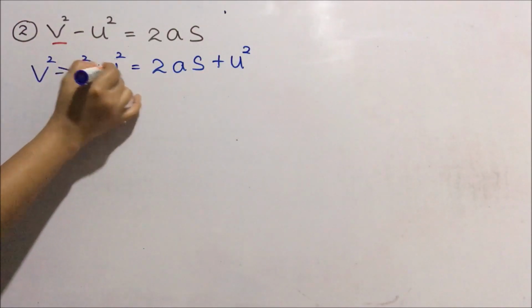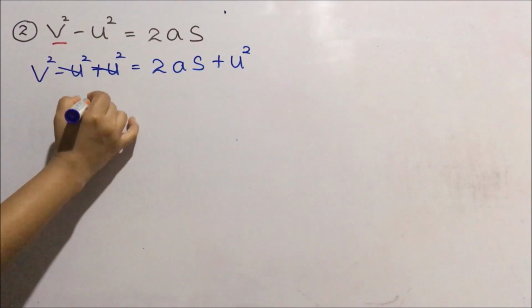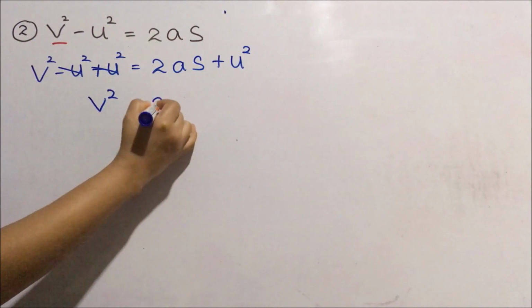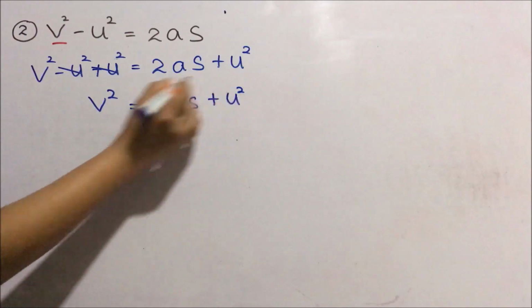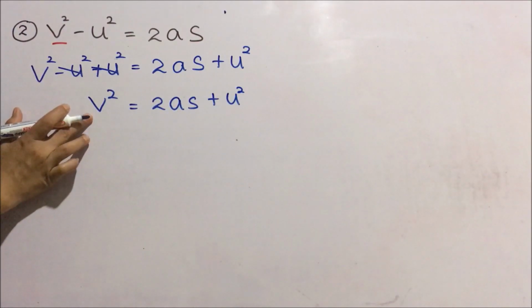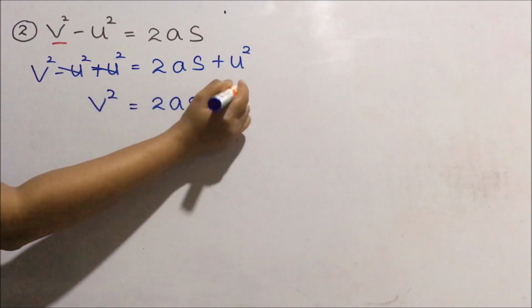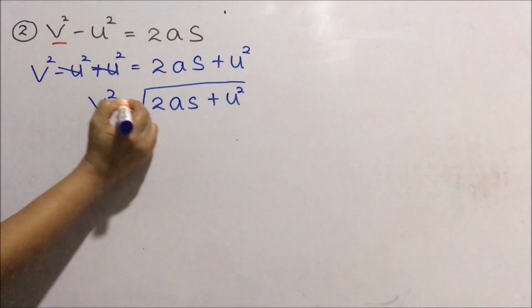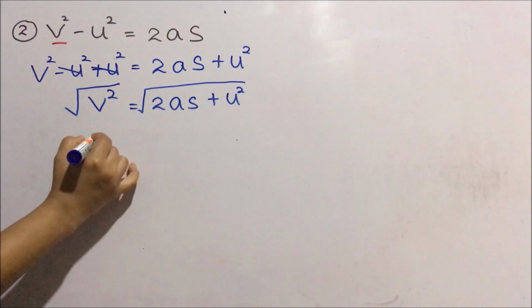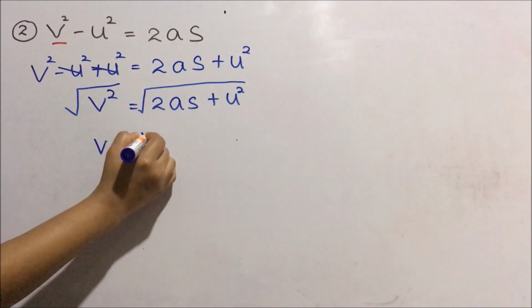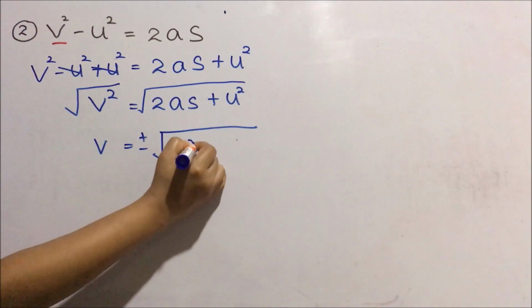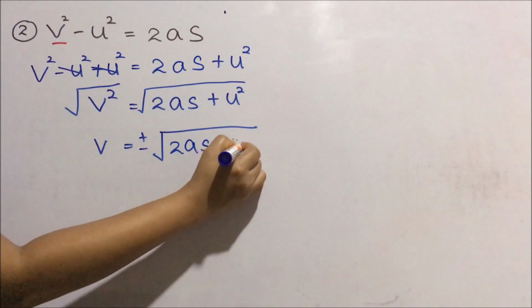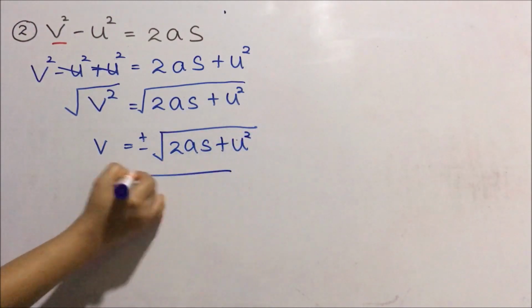Minus U squared plus U squared cancel. Then V squared equals 2AS plus U squared. We want just V. To get V, we take the square root of both sides. Then V equals plus or minus the square root of 2AS plus U squared.